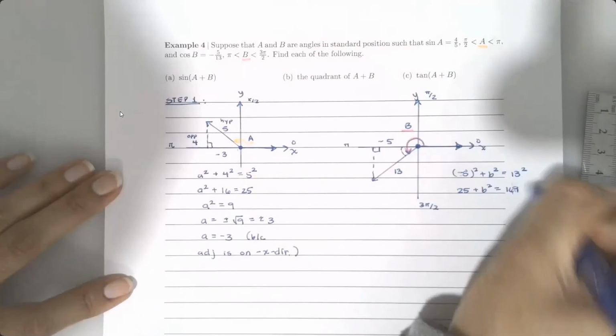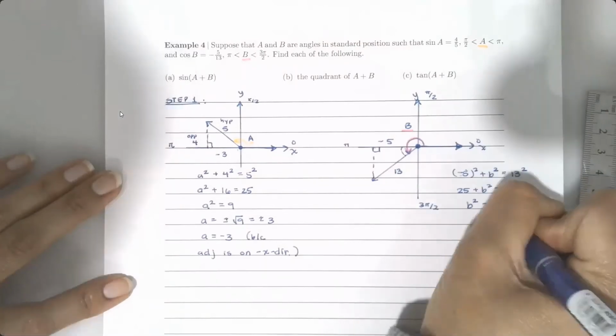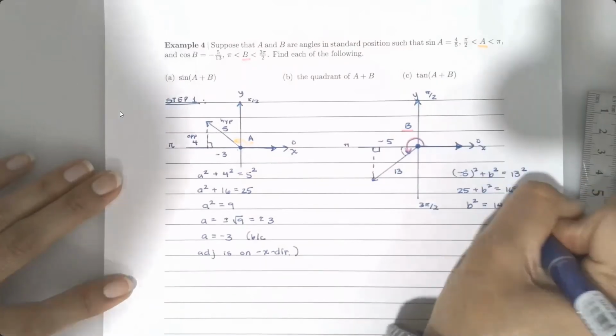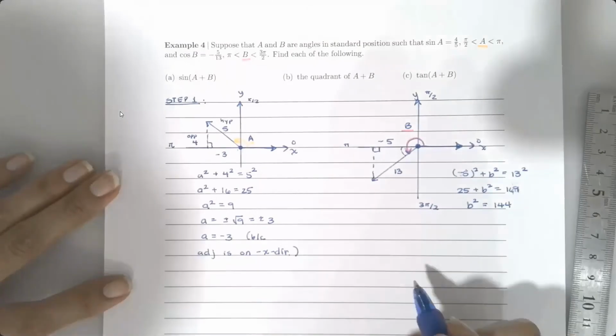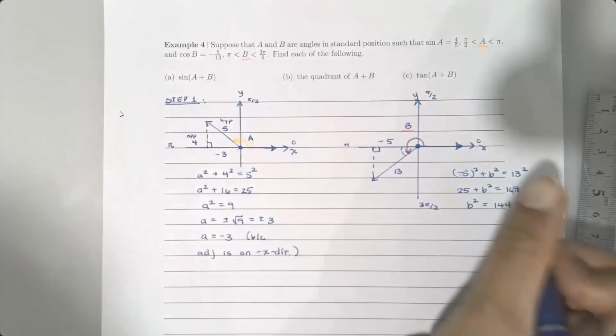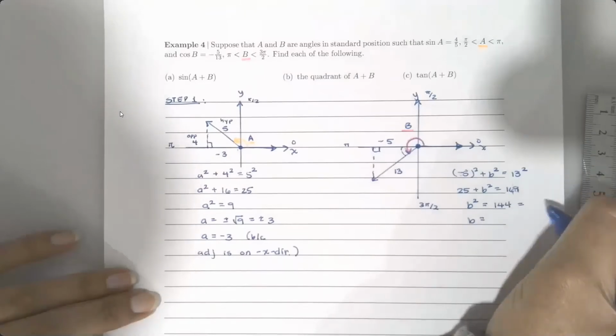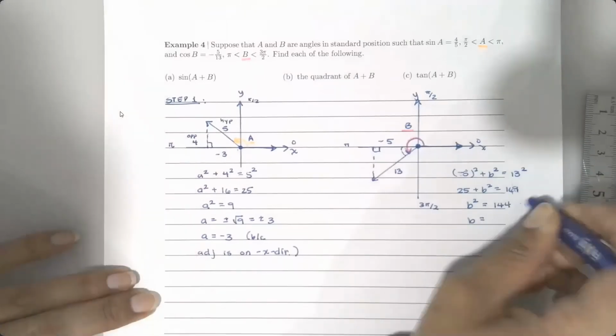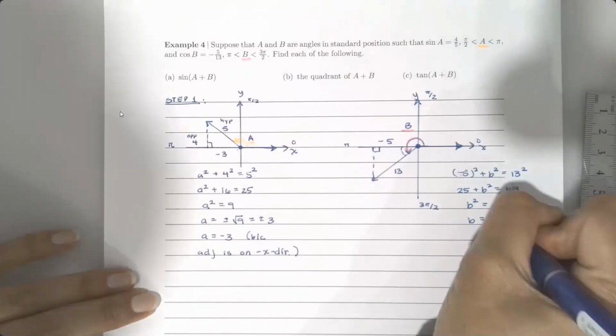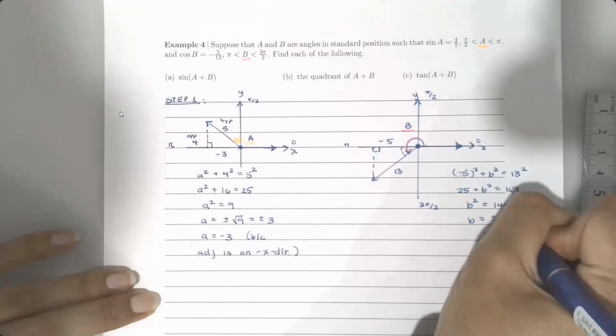That means that b squared will be equal to 144 because we subtract the 25 from both sides. And that means that b could be plus or minus square root of 144, which is plus or minus 12.